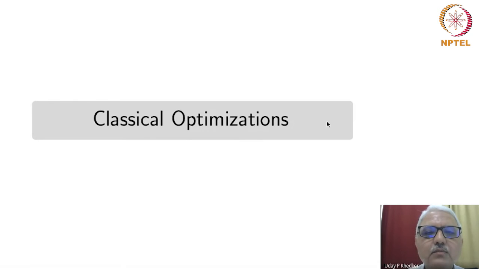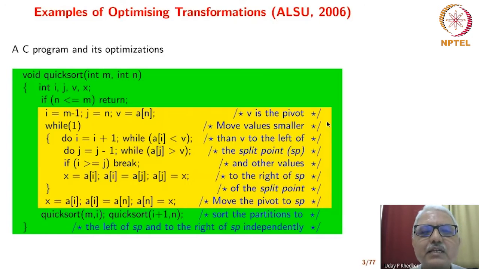So talking about classical optimizations, here is that celebrated example from the Aho, Lam, Sethi, Ullman book that demonstrates the usefulness of optimizations. What we see here in the green box is a quicksort function. And we are interested in looking at the optimization of the code in the yellow box.